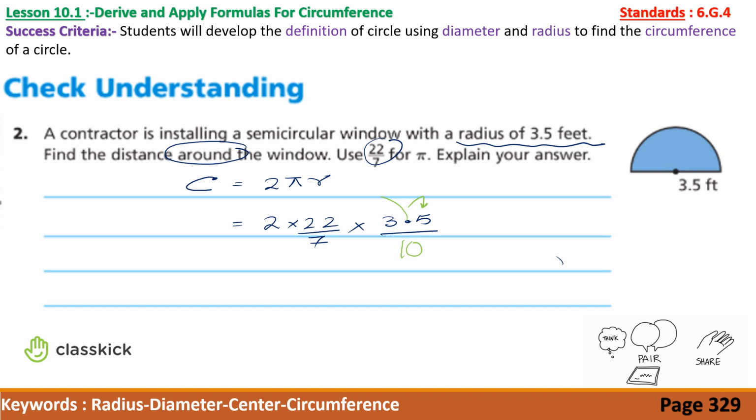Now this becomes 35 on the top, and 7 and 10 at the denominator. Now look at this one, 35 and 7. Do they go together in any of the tables? Yes. I know that 7 times 5 is 35 and 7 times 1 is 7.